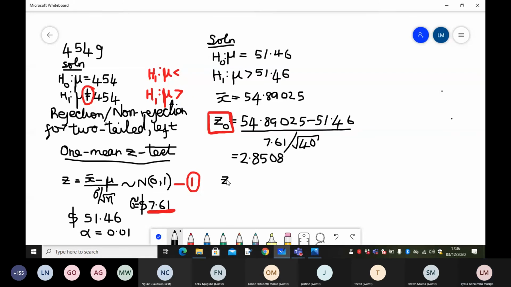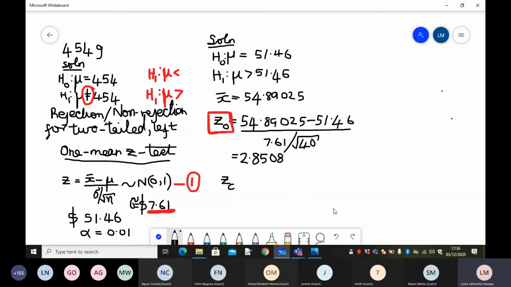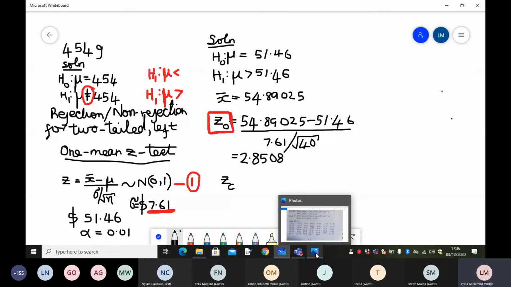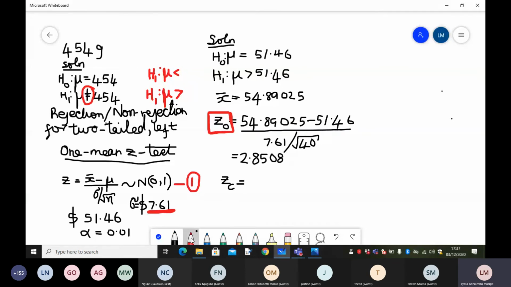Remember, when I was showing you the rejection and the non-rejection regions, I said that we have critical values which separate the rejection from the non-rejection regions. Now we need to identify Z critical. And how do we do that? Coming back to the null hypothesis, we need to classify the test.